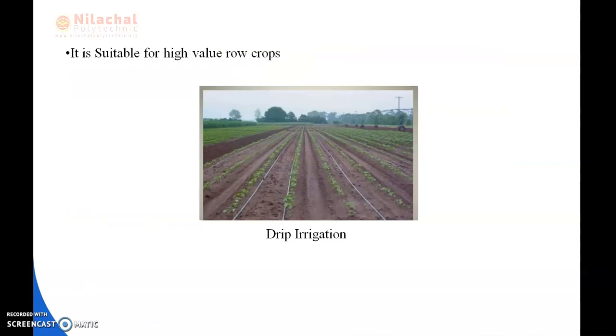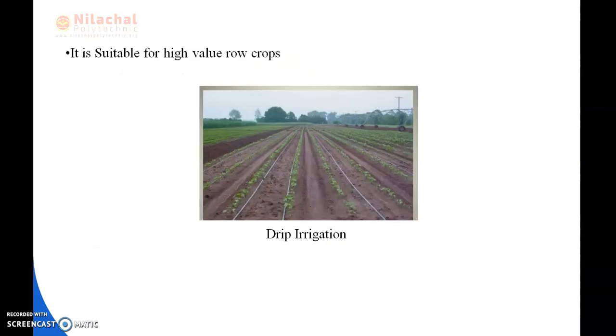Okay. Next, it is suitable for high value row crops. You can see here it is known as drip irrigation. You can see the rows where the crops have been cultivated here.